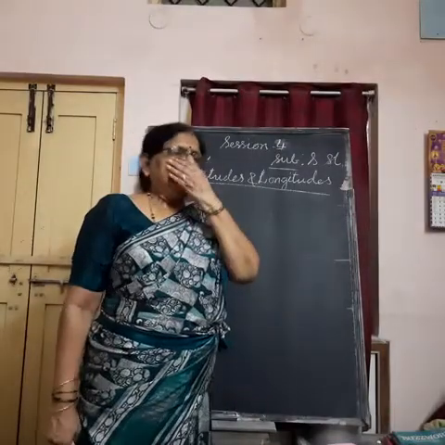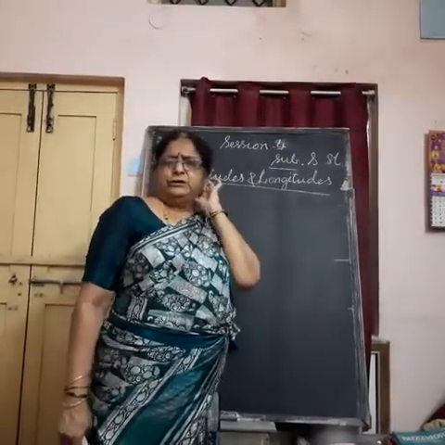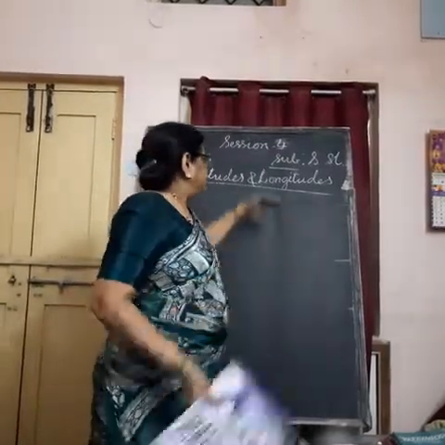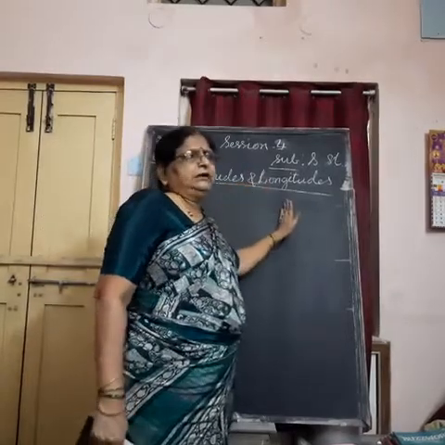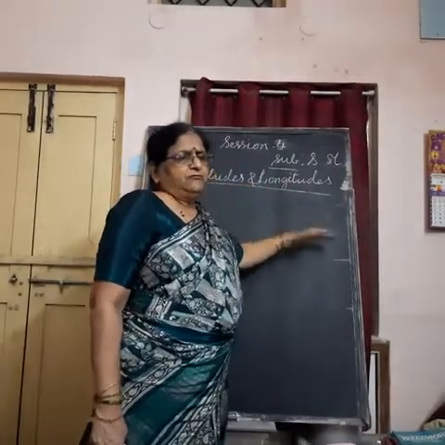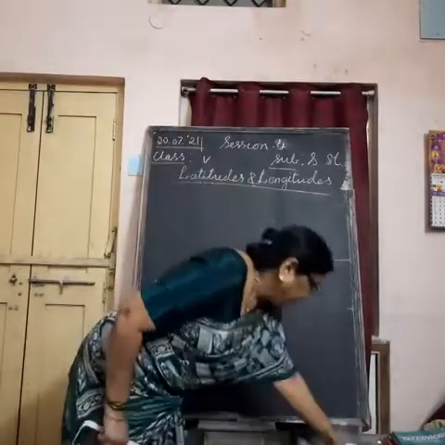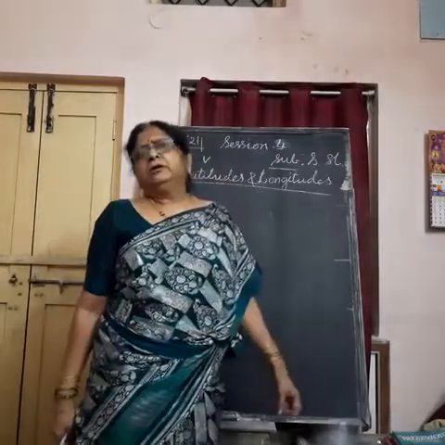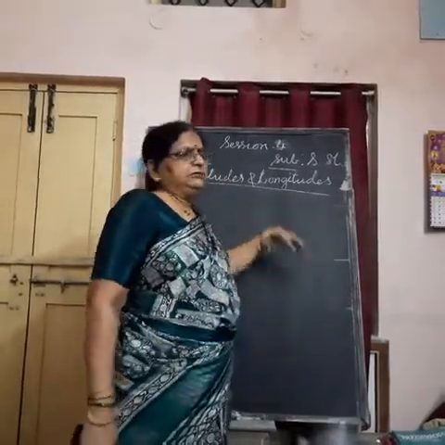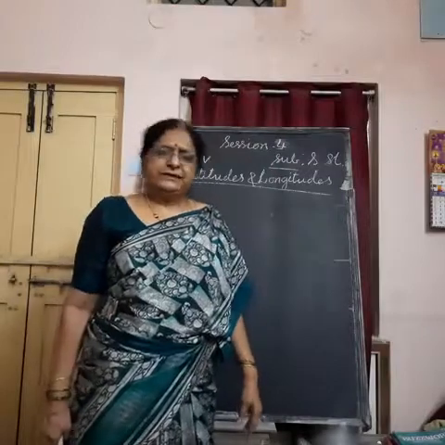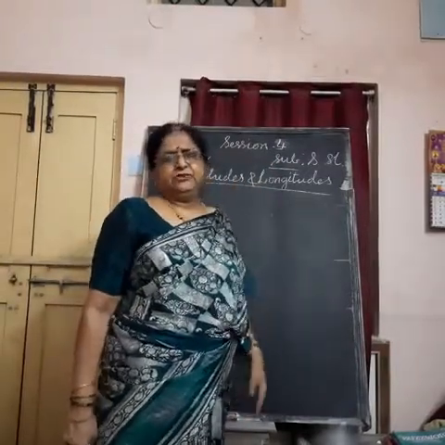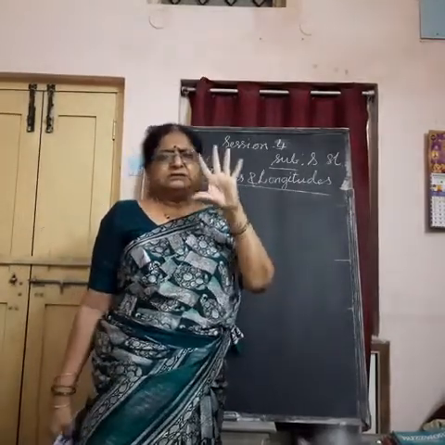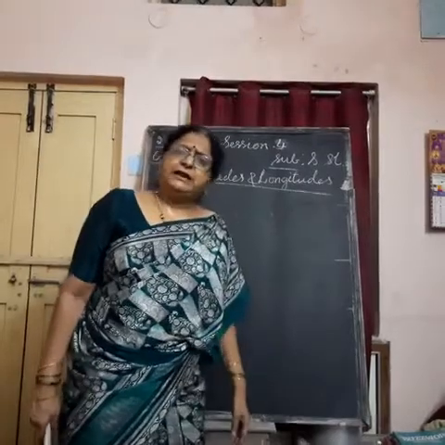Okay, and I spoke about a few important latitudes. From equator to the North Pole, we have 90 degrees of latitude. From equator to South Pole, we have 90 degrees of latitudes. So in total we have 90 plus 90, 180 latitudes. Out of these, only 5 are considered the most important latitudes.